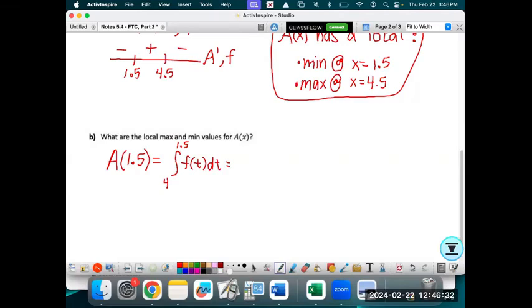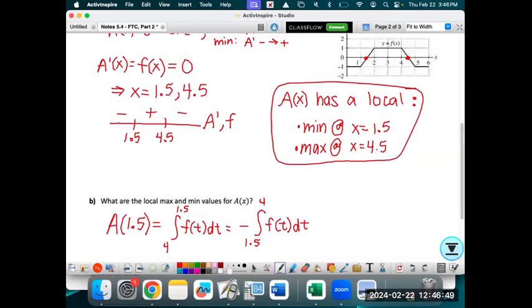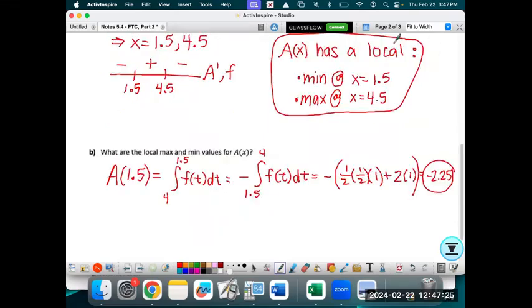My bounds are out of order, so I am going to switch them by making the integral negative. So go ahead and calculate that. I'm going to put my work up. In 3, 2, 1. So I'm getting negative 2.25.